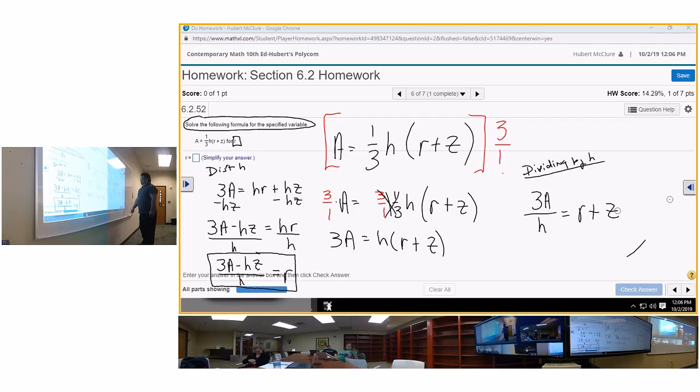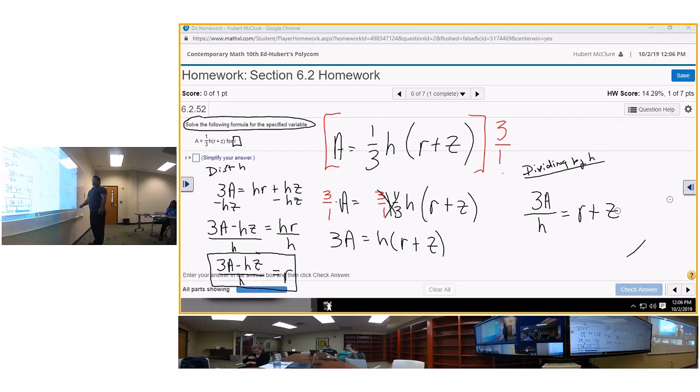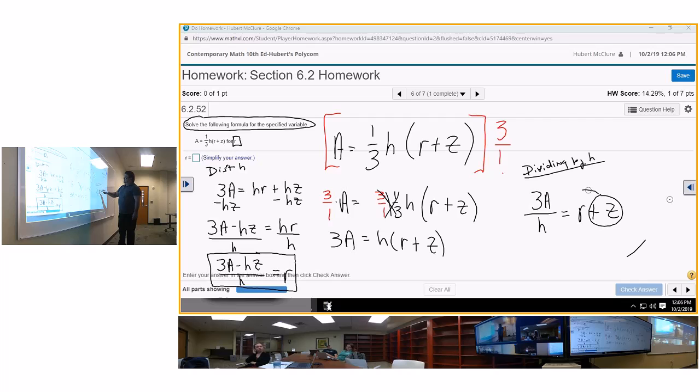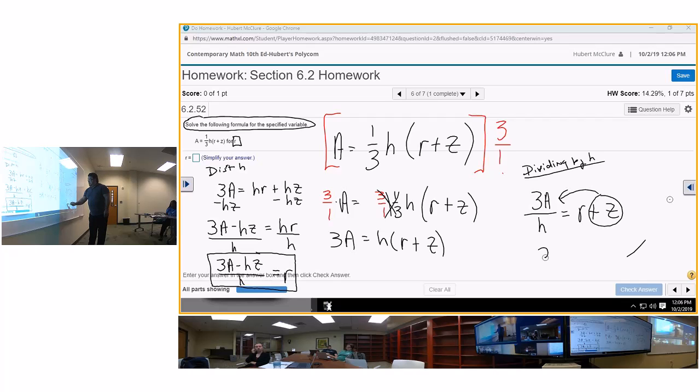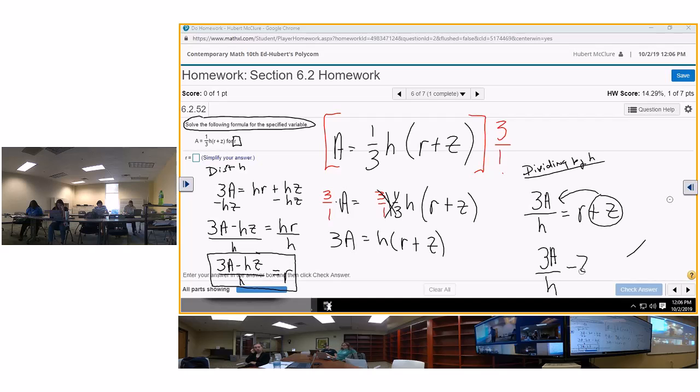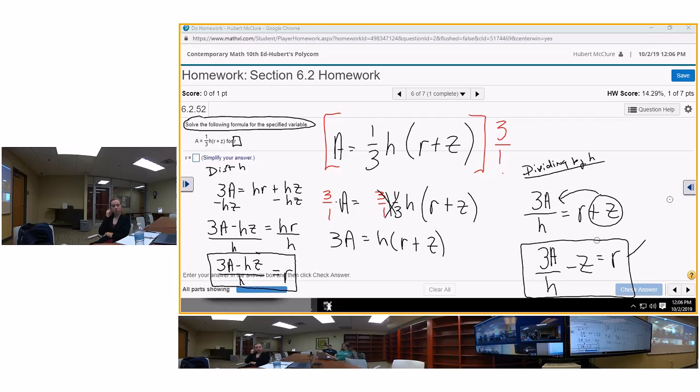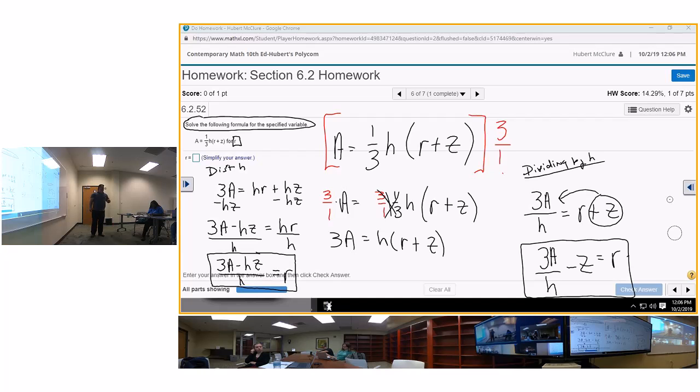And now how do I get rid of plus Z? So 3A over H minus Z is equal to R. It's the same thing. Now that is one that you solve a variable for.